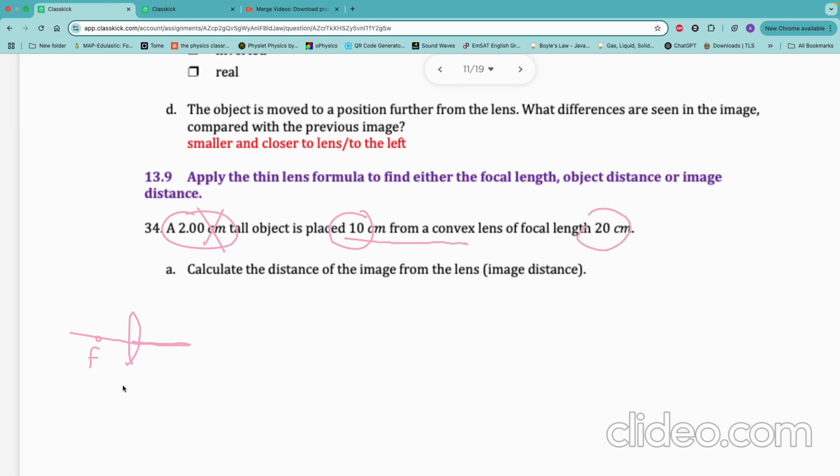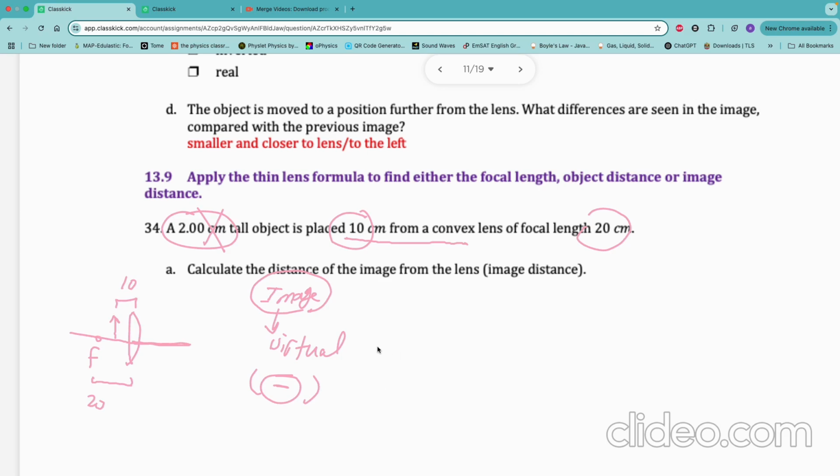So if the focal length is 20 and the object is placed at a distance of 10, what does it mean? You need to predict your answer before even calculating, which means that number 1, the image has to be magnified. We don't care about height. Has to be virtual. Since it's virtual, it has to have a negative sign.